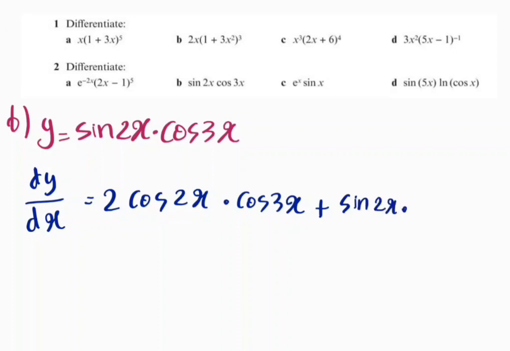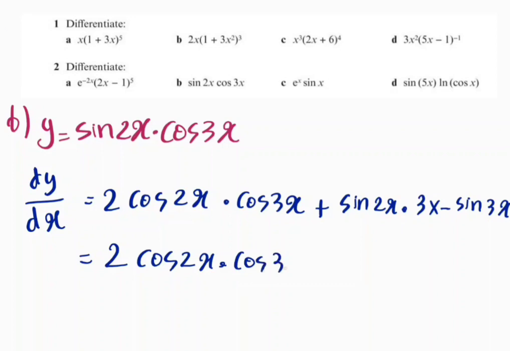So cos 3x differentiates to 3 times, cos of something differentiates to minus sin of that, so here we have minus sin 3x. We get 2 cos 2x times cos 3x minus 3 sin 2x times sin 3x.